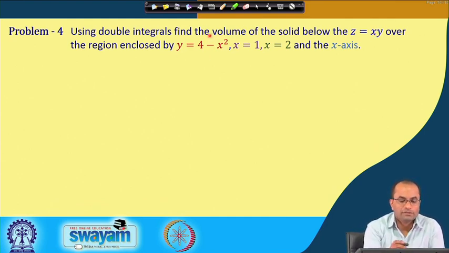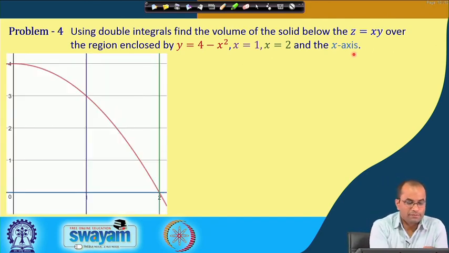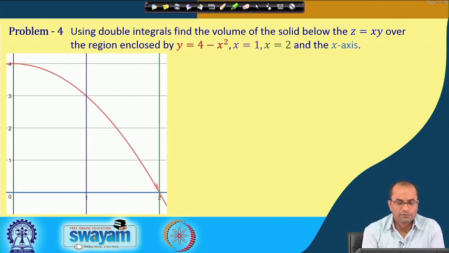So, we have to first sketch the region as usual. So, we have the parabola and then these 3 lines. We have this parabola, which is in the other direction now, y is equal to 4 minus x square. So, when x is 0, y is 4. So, the vertex is here. That is the parabola.